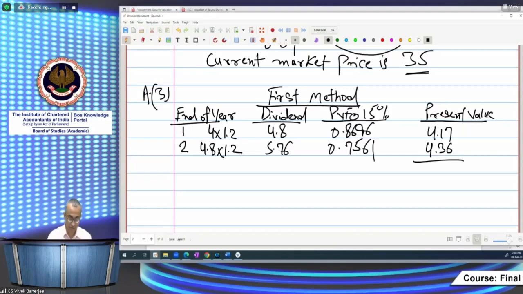Now add these two figures. So it is actually the present value at the 20% growth rate.